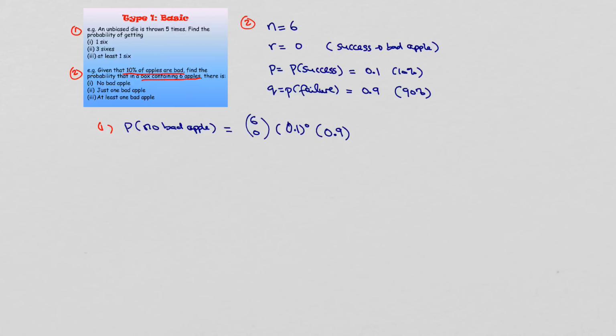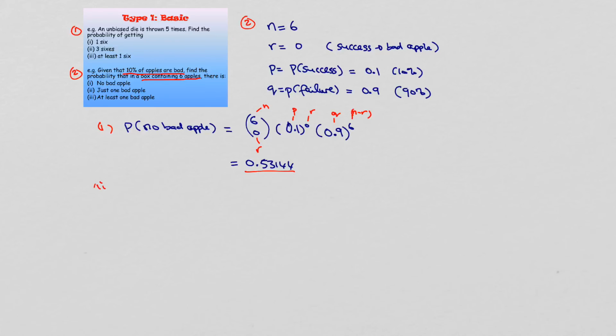So we have 6 choose 0, which is 6. Okay, so that's our n, that's our r, that's our p, that's our r, that's our q, and that's our n minus r. Okay, so if I put that into my calculator, then the probability of getting no bad apple is 0.53144.